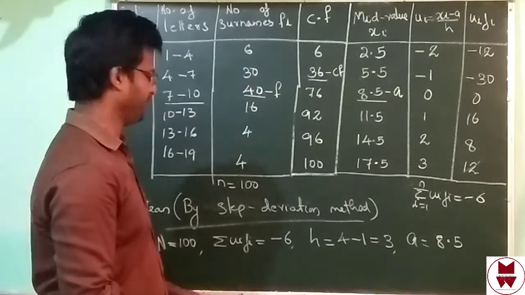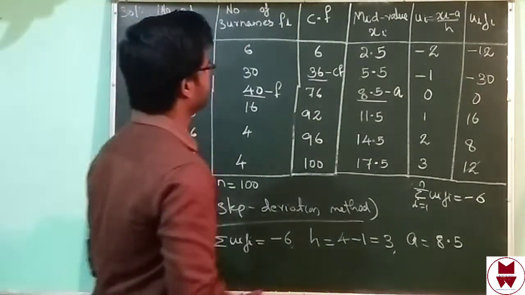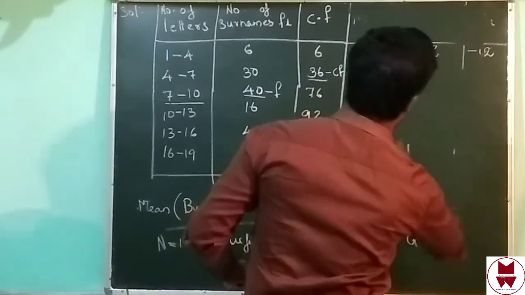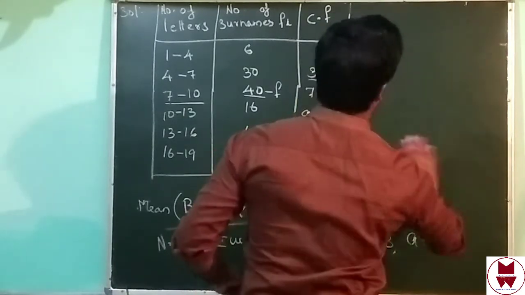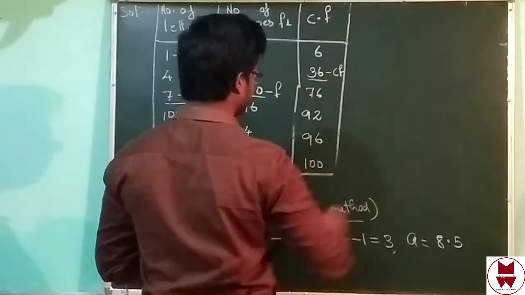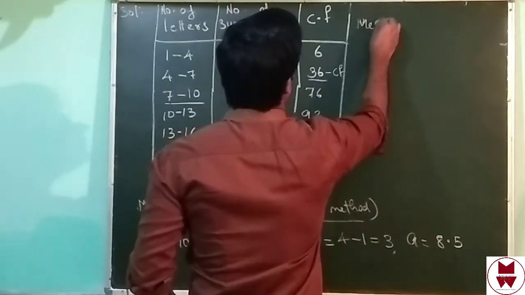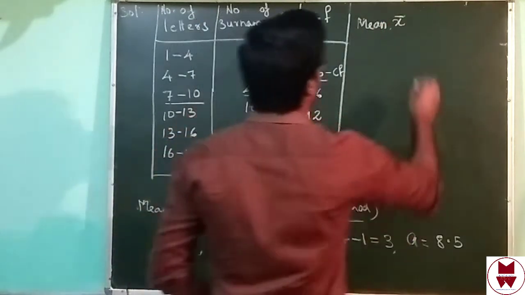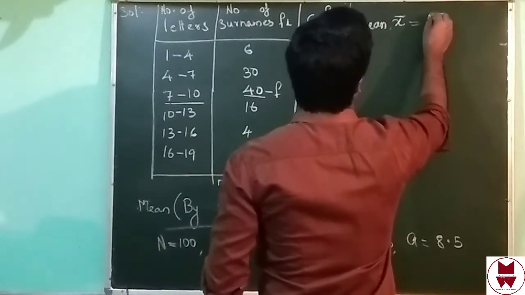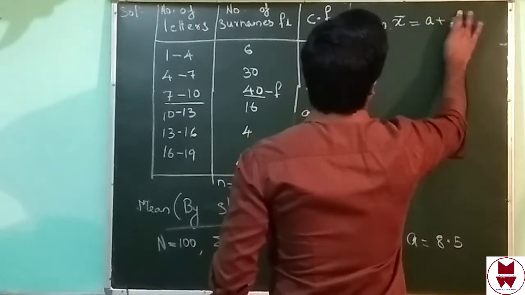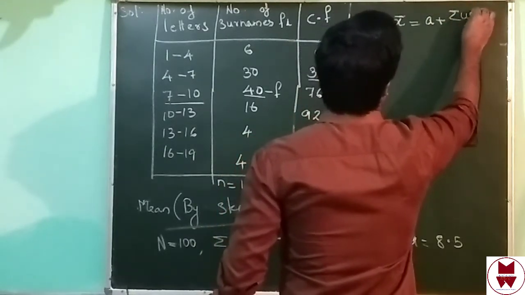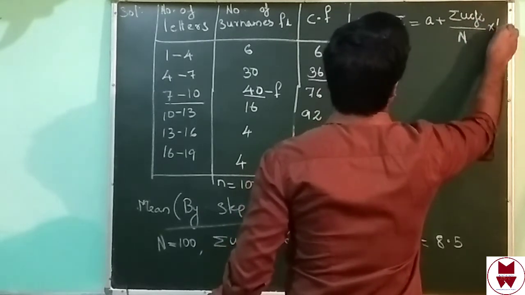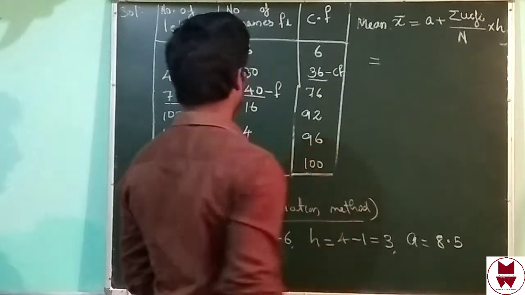Now we got all the values. We can use that formula. Mean, representing by x bar. X bar equal to A plus sum of uifi divided by N into H. What is A?